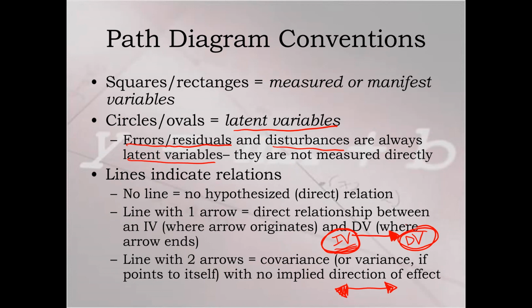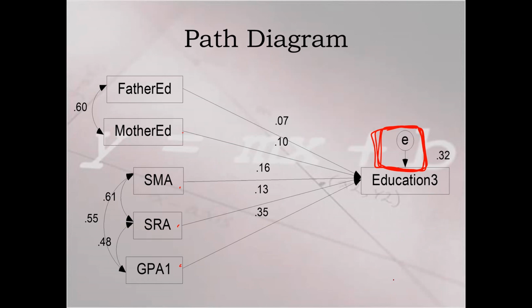Okay. And then when we have a two-way arrow, we're basically just saying these two things are associated with each other, but there's no directionality of the effect implied. So when I went back here, I'm saying mother and father education are associated with each other, but I don't think it's like mother education drives father education. I just think that, based on theory of similarity and love and whatever, that people tend to find like-minded people or like-educated people.